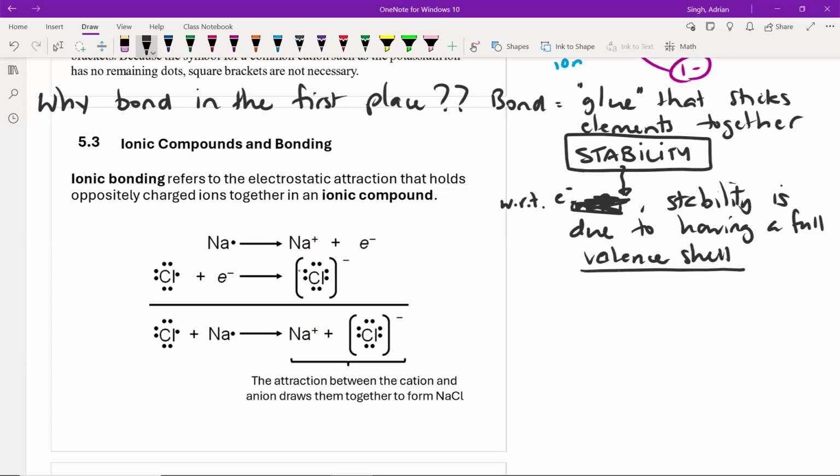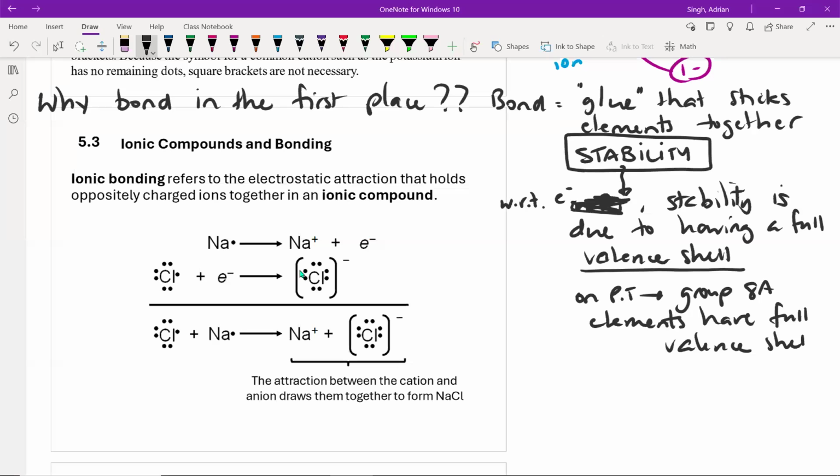All the atoms on the periodic table want to be stable, right? Stability is a driving force. The elements on the periodic table that have a full valence shell are the group 8A elements. That means they are very stable.